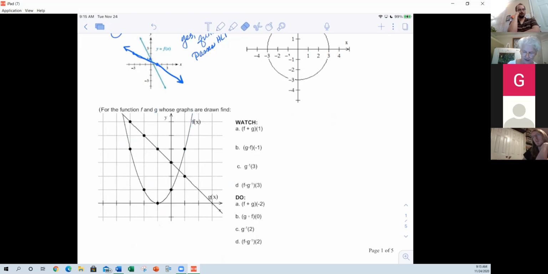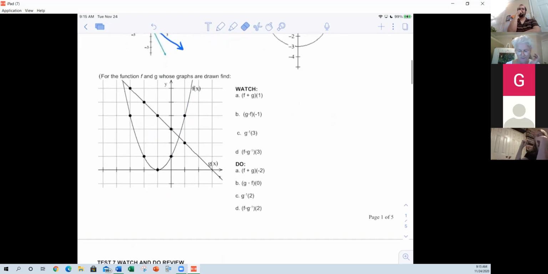So on this one, this is combining functions. Remember that if you have f plus g of 1, that's like saying f of 1 plus g of 1. And f of 1 is 4, and g of 1 is 2.